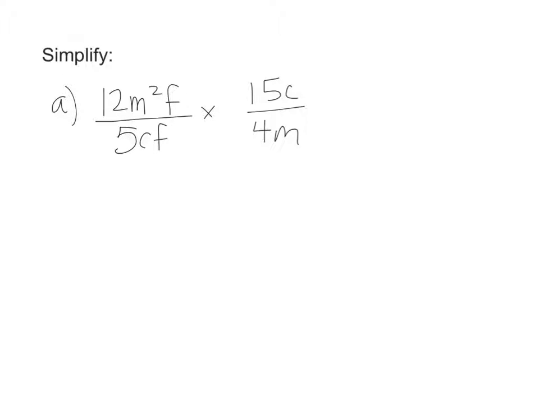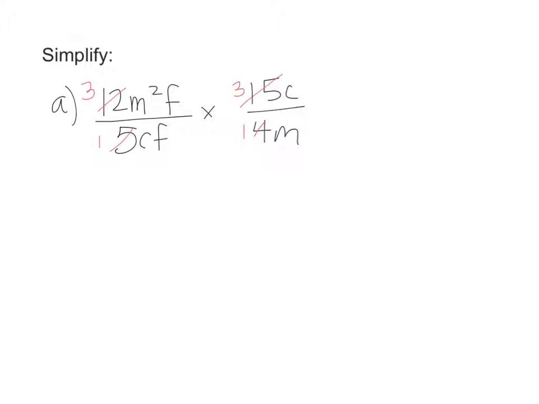I'll just do the 5 and the 15. What do they have in common? 5, so divide them both by 5. So that's a 1. And the 15 becomes a 3. And then the 4 and 12 have a common factor of 4. So that becomes a 1, and that becomes a 3 as well.